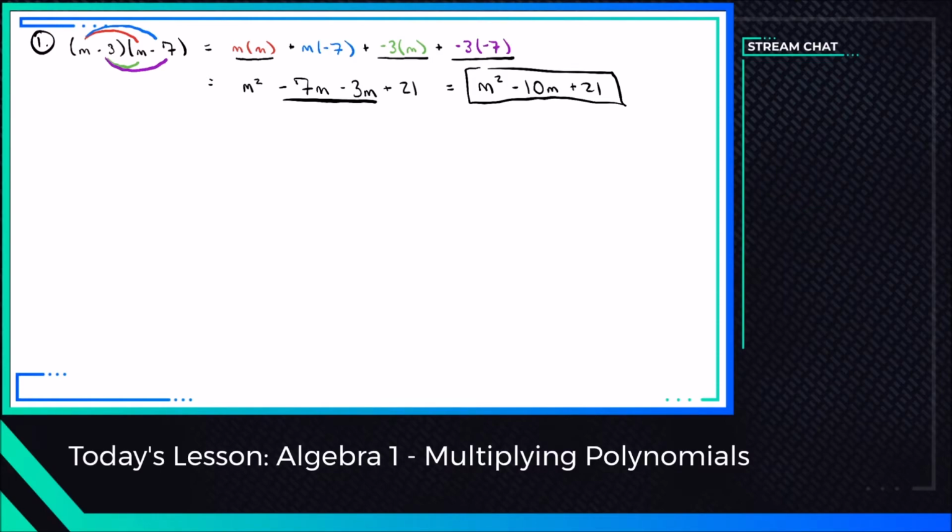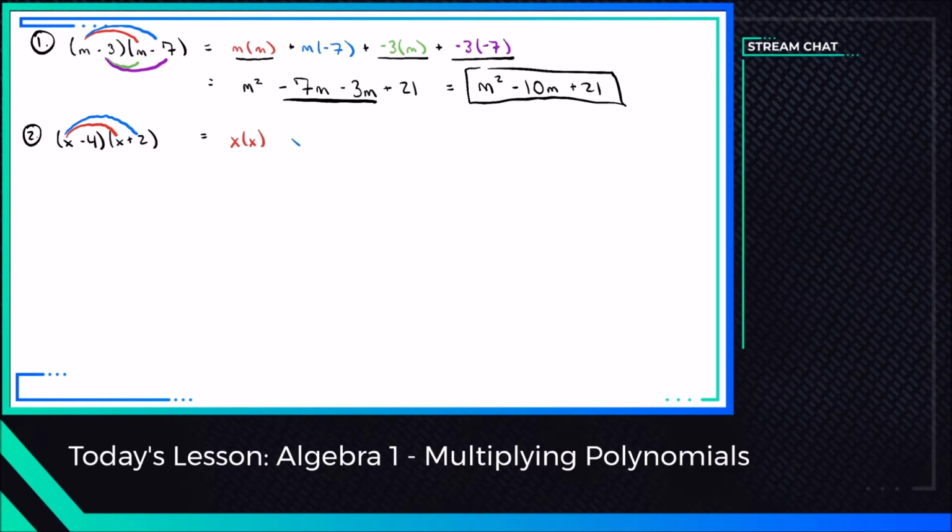All right, let's do another example. Let's look at x minus 4 multiplied by x plus 2. All right, so we're going to go x to x for our first terms. Then we're going to go to our 2 outside terms.